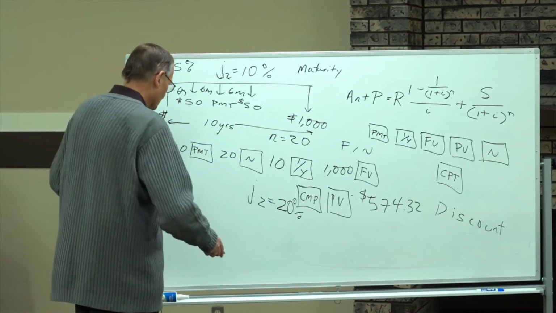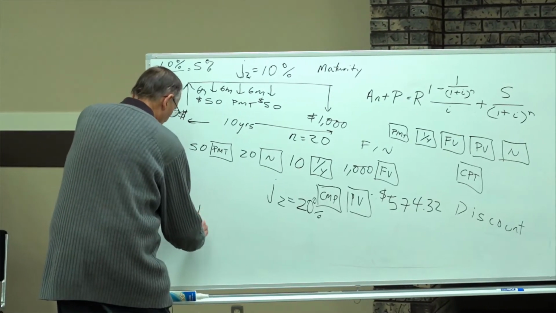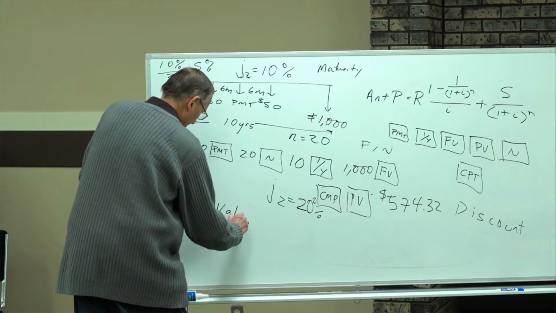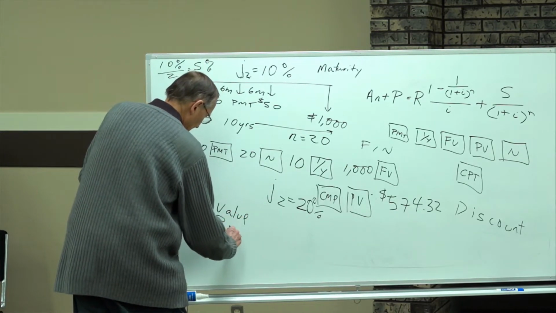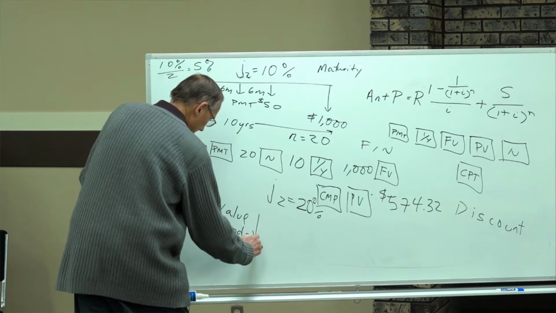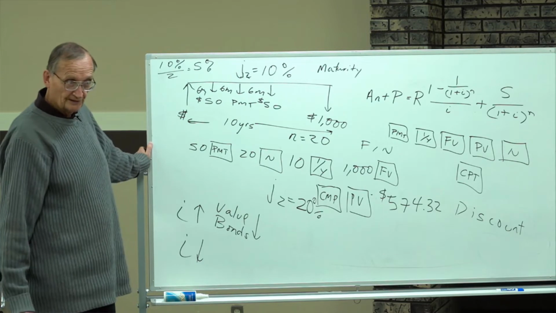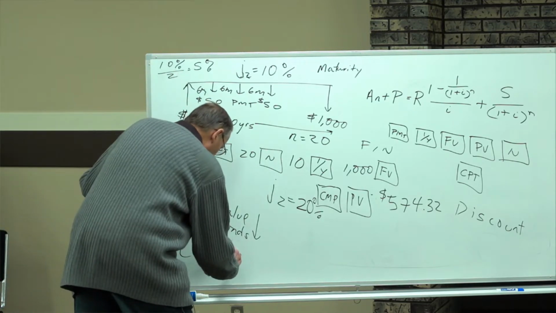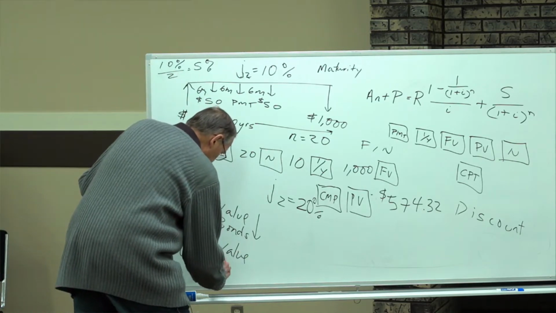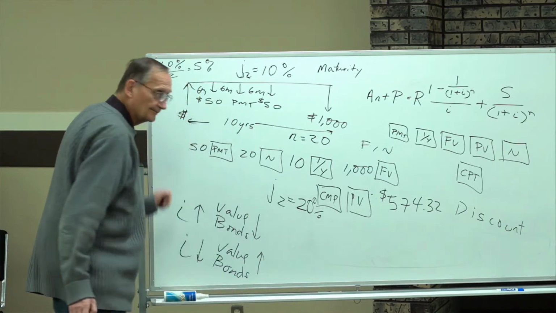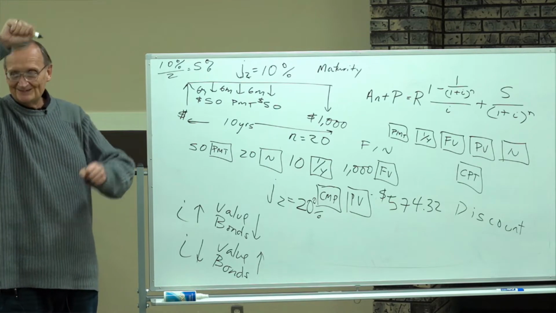So here's the deal. When interest rates go up, what happens to the value of bonds? They go down. When interest rates fall, remember when it was only 3%? What happened to the value of the bond? They go up. They work opposite, don't they?